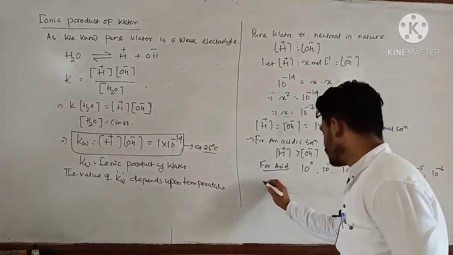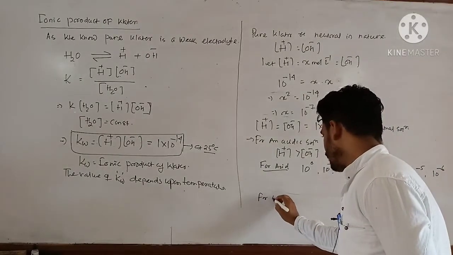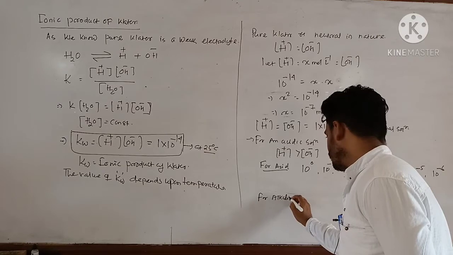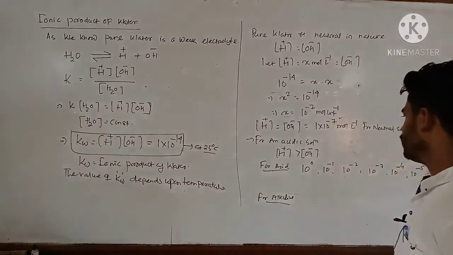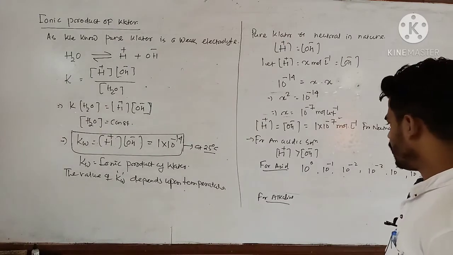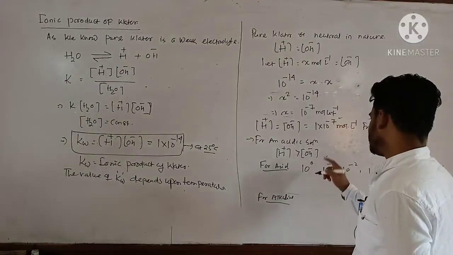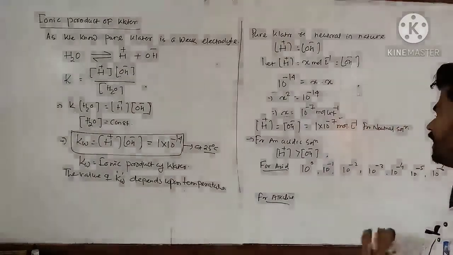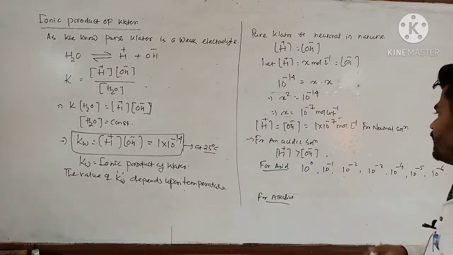For base or alkaline solution, if the hydrogen ion concentration is less than that of OH minus ion, then it will be alkaline in nature.